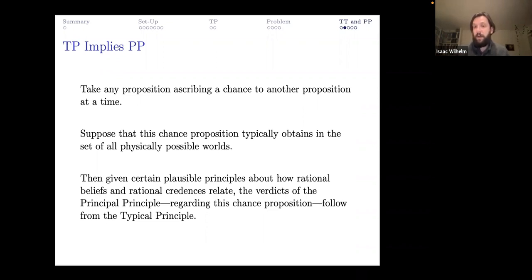Those two pretty popular principles imply that if a chance proposition is typically true, then given the typical principle, the principle follows for that particular chance proposition. And that's what I mean when I say that the typical principle implies a lot of the verdicts of the principle: a large swath of the rationality space that the principle covers follows from just the typical principle, along with these other two standard principles about, one, the relationship between rational belief and rational credence, and two, how updating should work rationally.